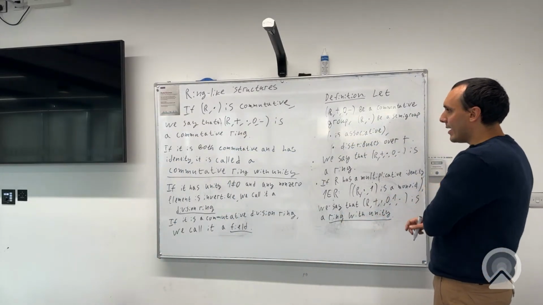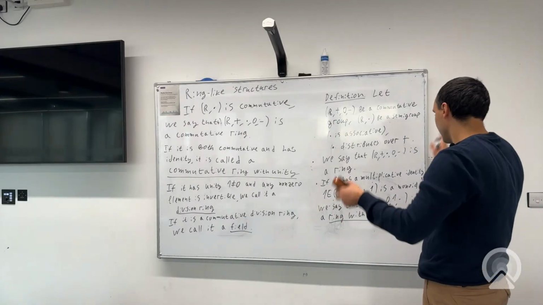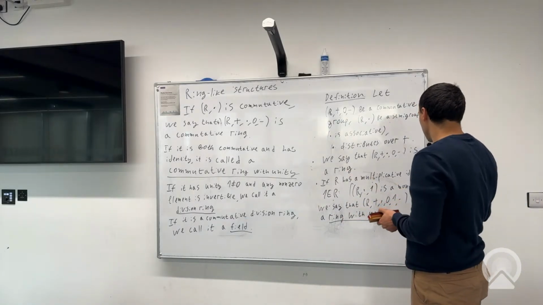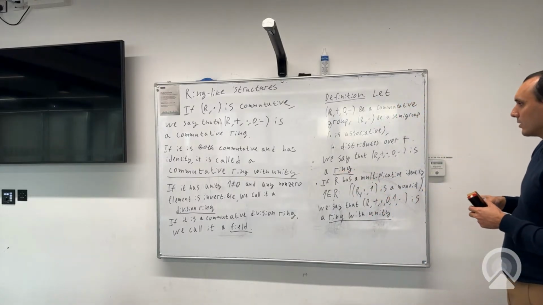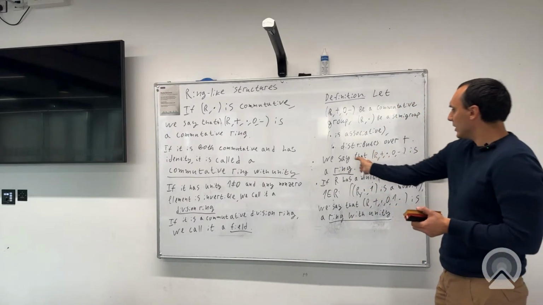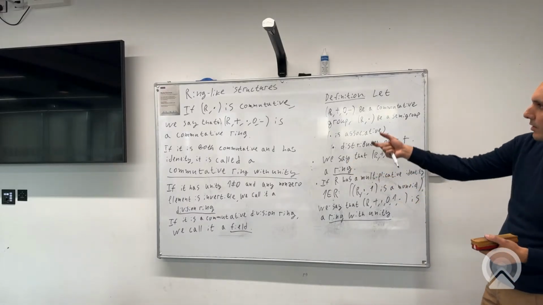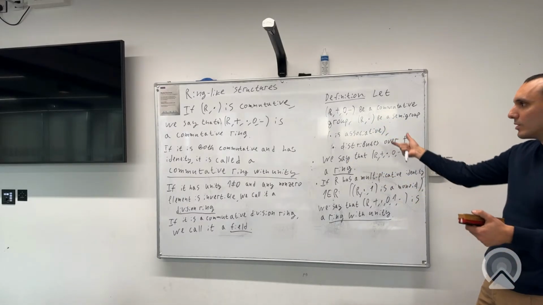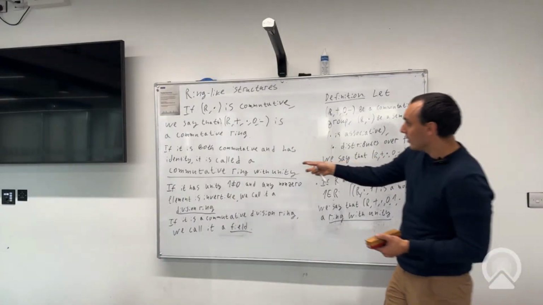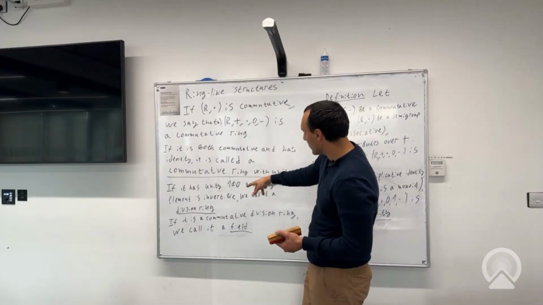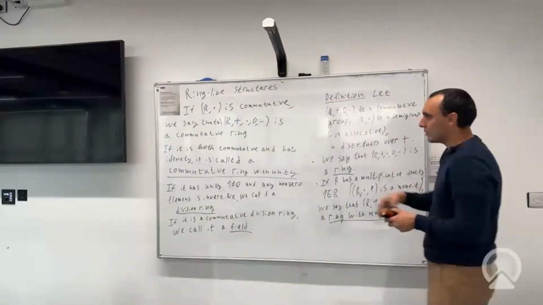And there are many structures in between commutative rings and fields, so non-commutative rings and fields. So the basic structure is a ring. If we have identity, we have a ring with unity. If we have commutativity, we have a commutative ring. We can combine them to get a commutative ring with unity. We can have unity and inverses, but not commutativity. And we can have everything.